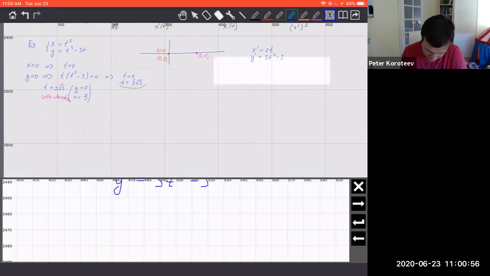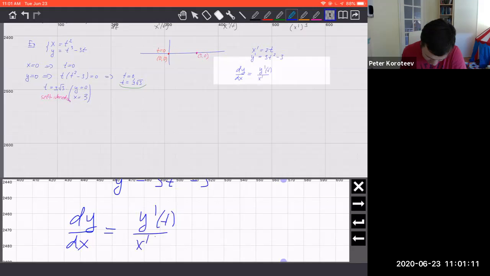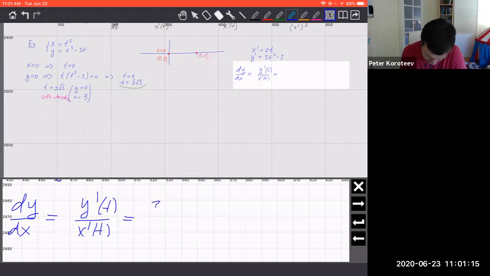To find the tangent line, we calculate dy over dx, and according to the formula we have just proven, that's y prime of t divided by x prime of t, which is 3t squared minus 3 divided by 2t.